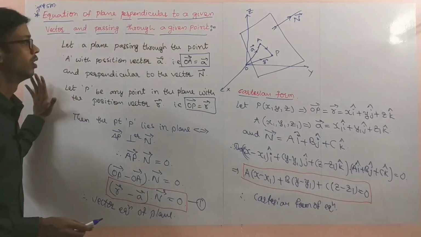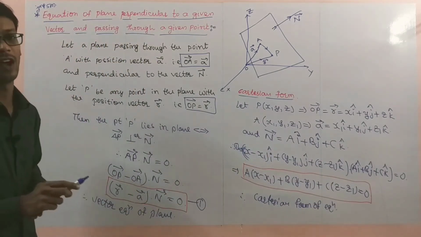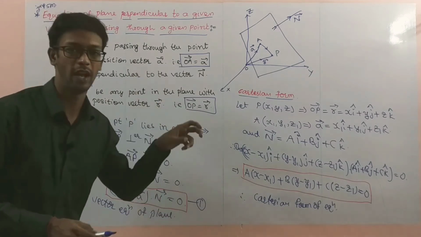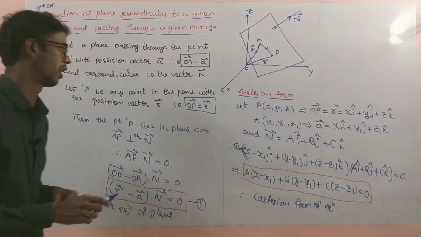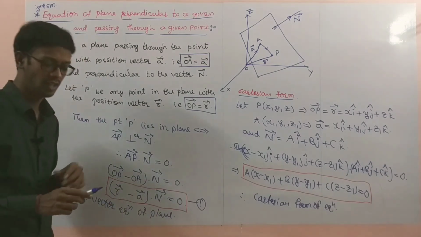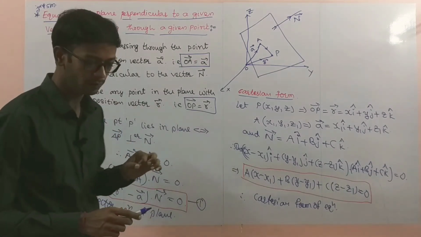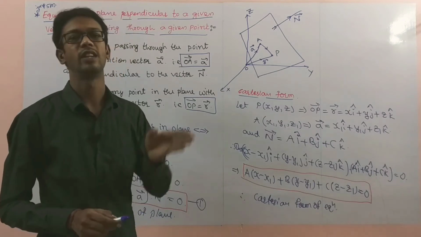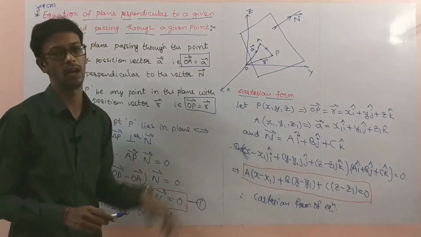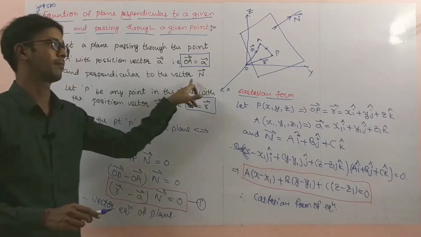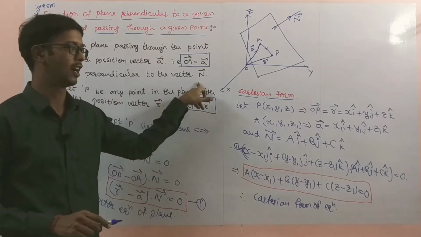So now this is a very important 5 marks question: equation of plane passing through a point and perpendicular to a given vector. So once again I am repeating. First of all, take one point A the plane passes through, with position vector A bar. The plane is perpendicular to N bar vector.